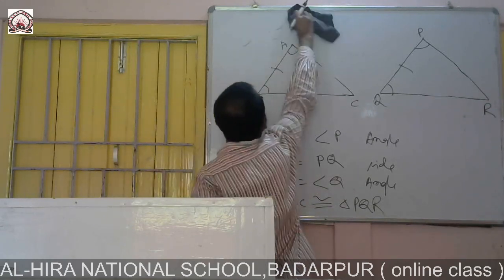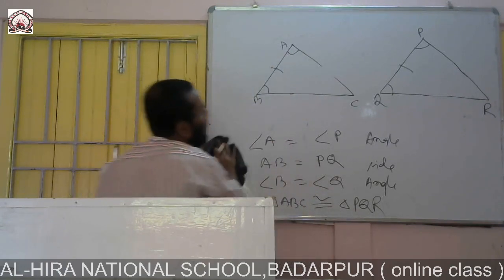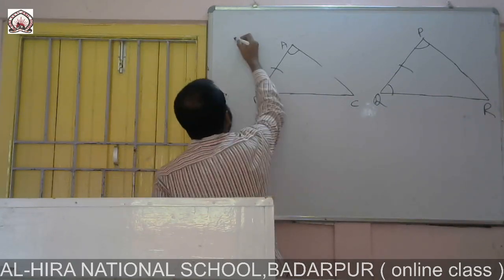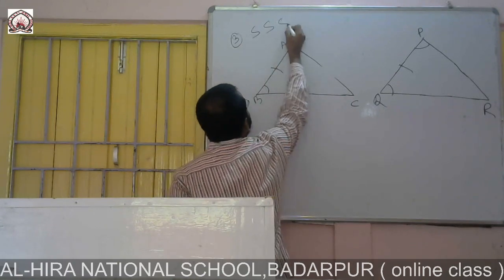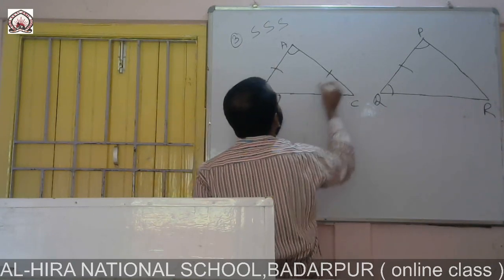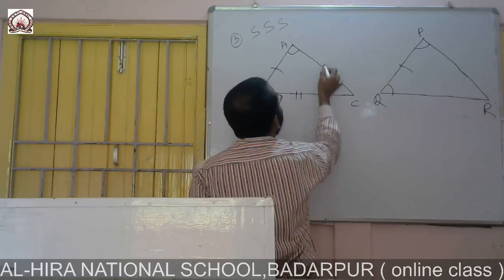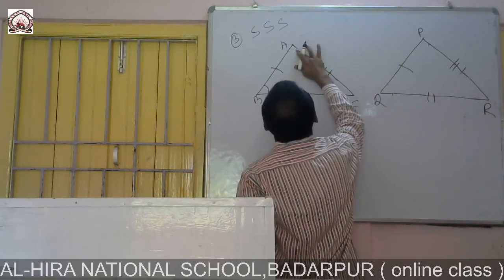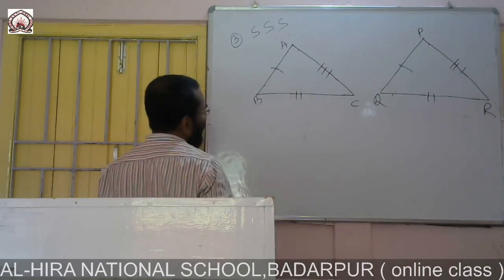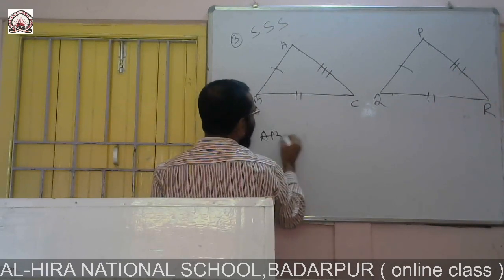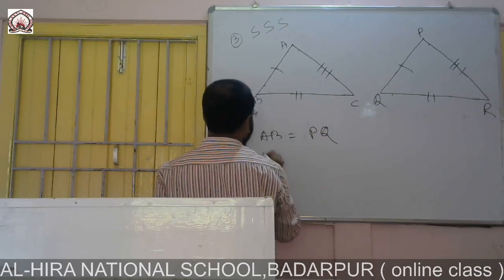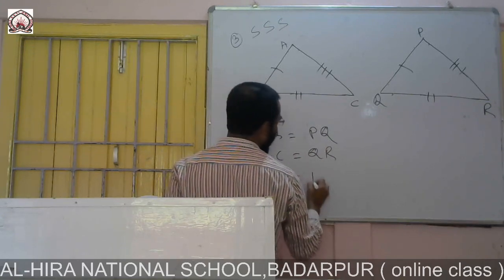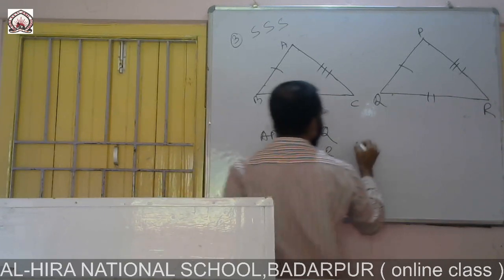Number 3 is side side side. Side side side means AB is equal to PQ, BC is equal to QR, and CA is equal to RP.